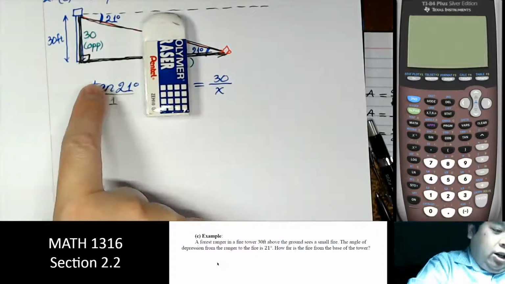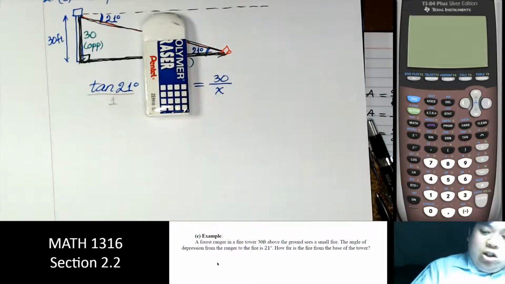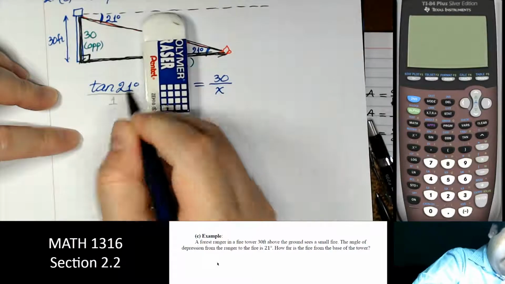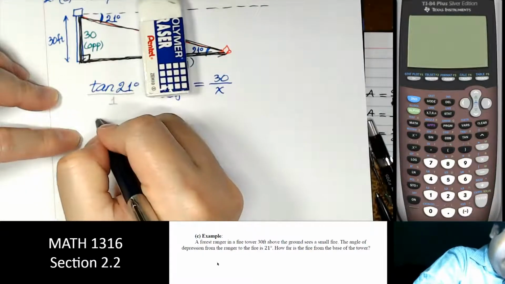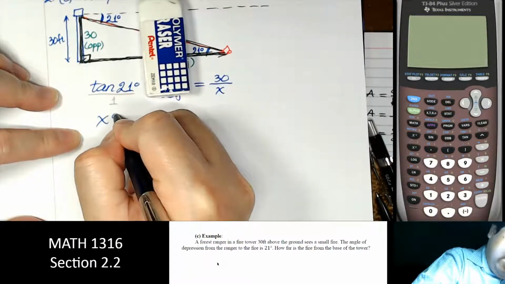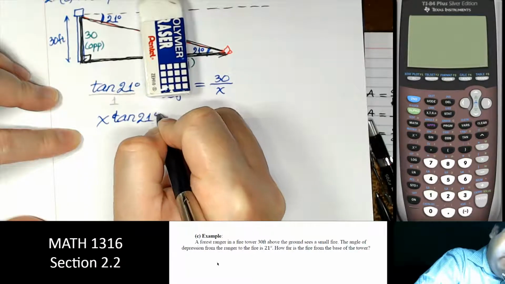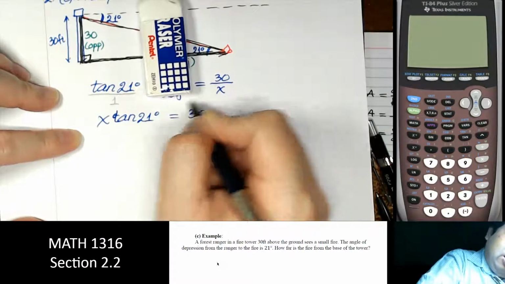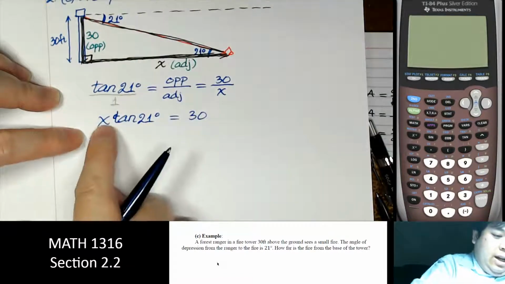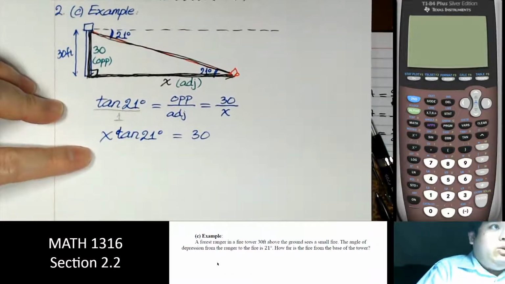Tangent over 1 is 30 over x. Just cross multiply. We have x times tangent of 21 degrees equal to 30 times 1. And then we divide by tangent of 21 degrees.